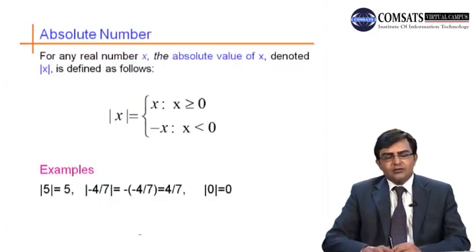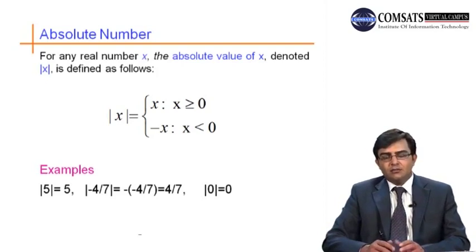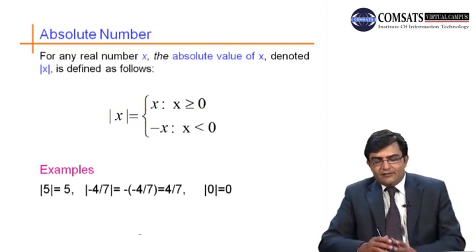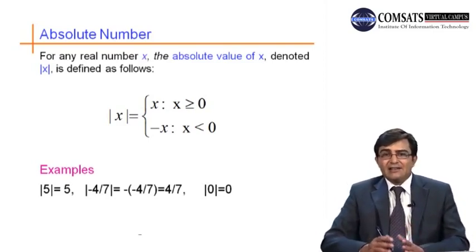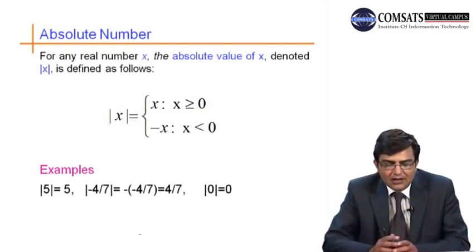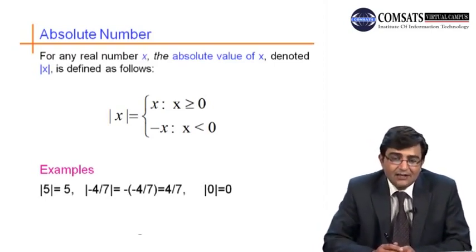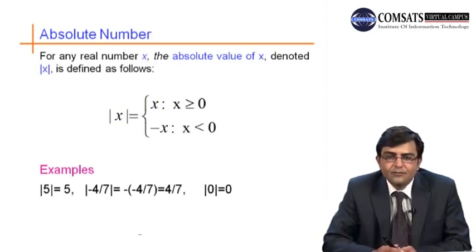Now we move to the absolute number. Absolute number is basically a number which is always positive. That is, if the given number is negative, we multiply it by negative to make it positive. In actual, the absolute value of a real number, what this function does is basically make that number positive in any case.